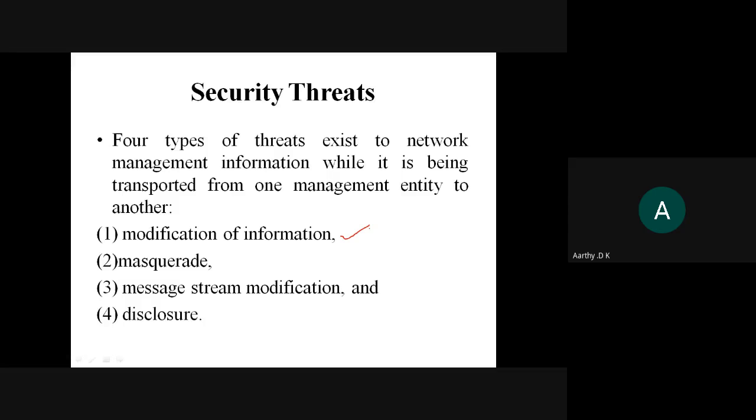That is called modification of information. A third party tampers with your data and you will not be able to view the original message. Your original message is changed. This is done by a third party, a hacker.